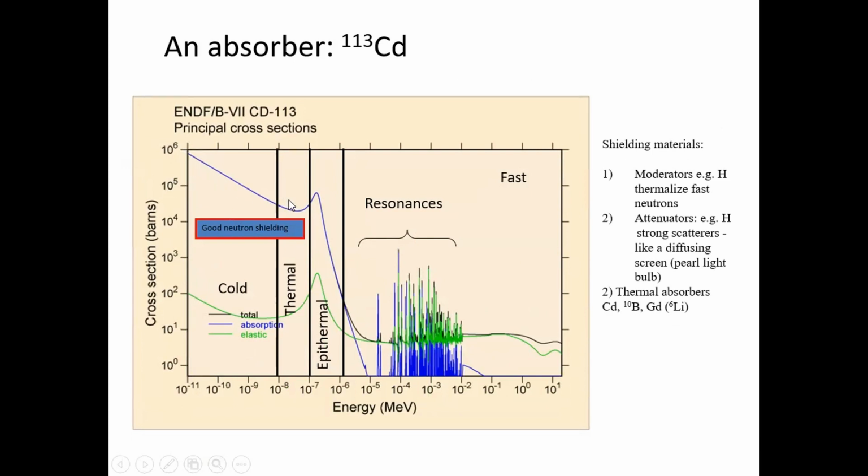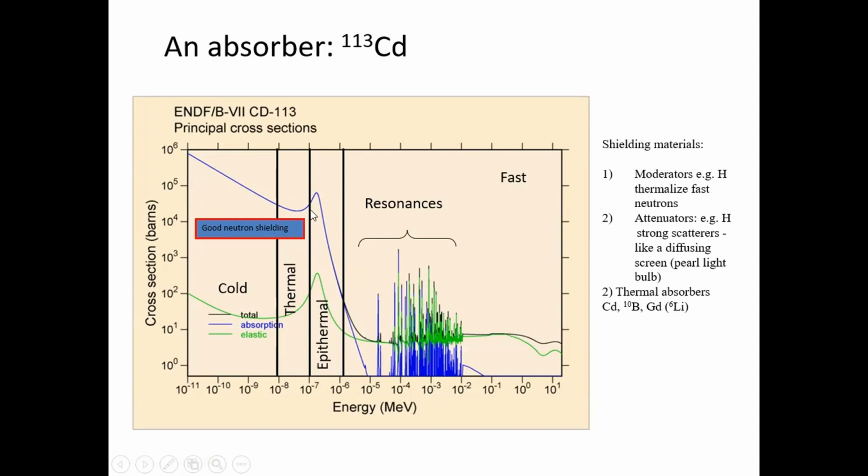This blue curve is the absorption, and the cold and the thermal region show this. Before this one resonance value, this is the behavior, and the resonances are very, very small as compared to this strong absorption. You can see the cross section is about 10 to the power 6 barns.